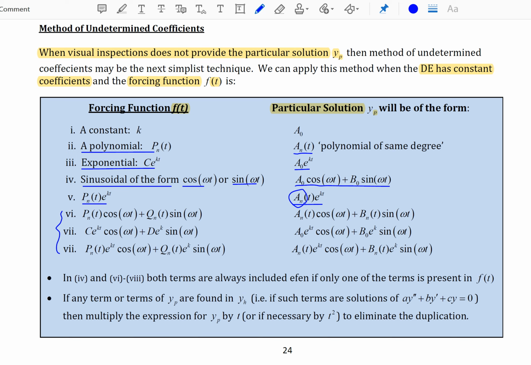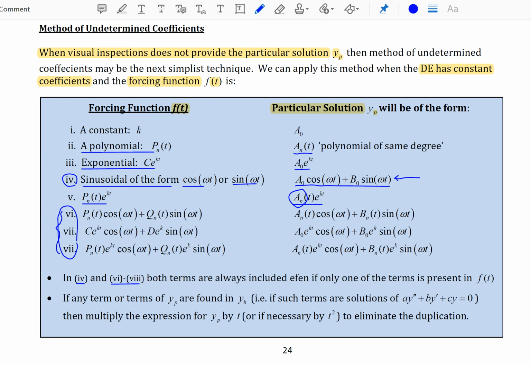Now I put a couple of notes at the bottom. In your forcing functions listed in part 4 and 6 through 8, so this one and these ones, both terms are always included even if only one of the terms is present, meaning that even if only a cosine is present in your original forcing function, you must guess a function that has both sines and cosines.